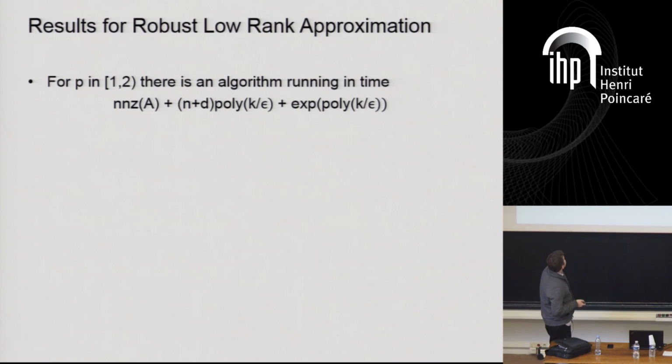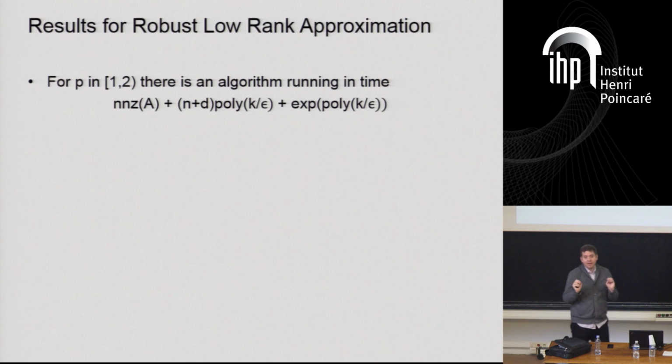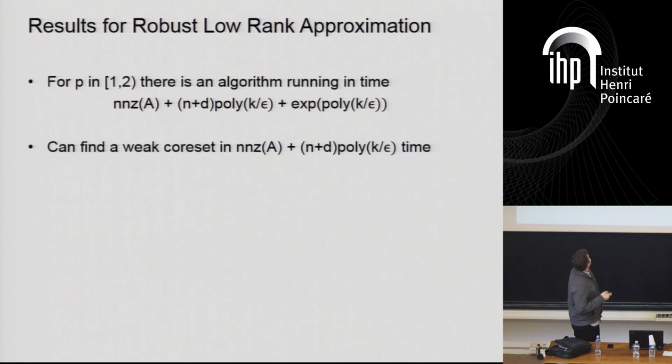So our results: first, for p less than 2, we get an algorithm running in time with leading order term nnz(A). So instead of nd poly k over epsilon, we get nnz(A) time plus (n plus d) poly k over epsilon, and this hideous term is still there. If you don't like this hideous term, then just like in previous work, we can remove it if you relax the problem to allow outputting a weak core set.